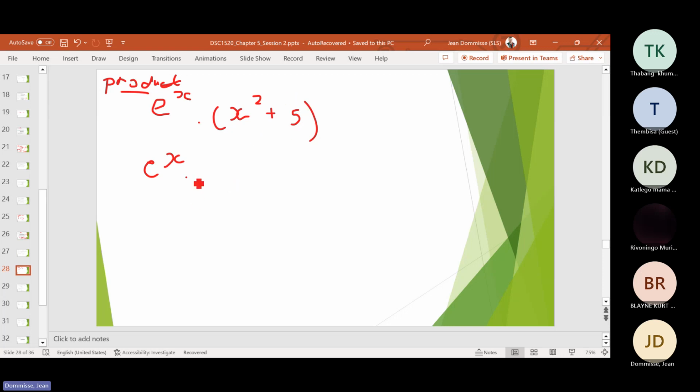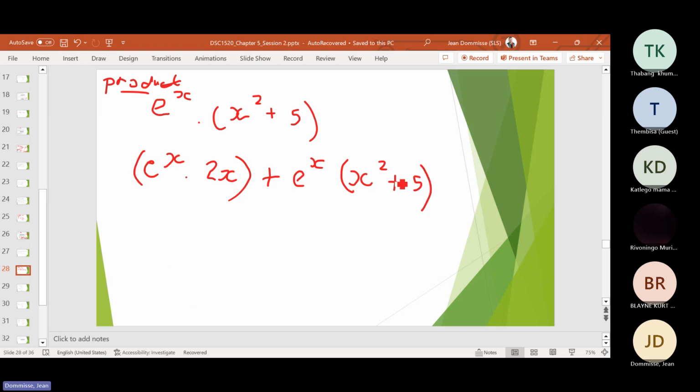The differentiation here would have probably given me something like that, plus the differentiation of the first one, which is exactly the same because e^x differentiated stays e^x, times the second one.